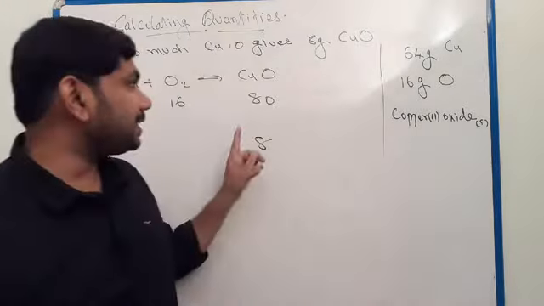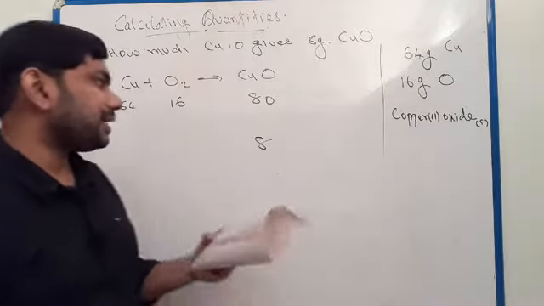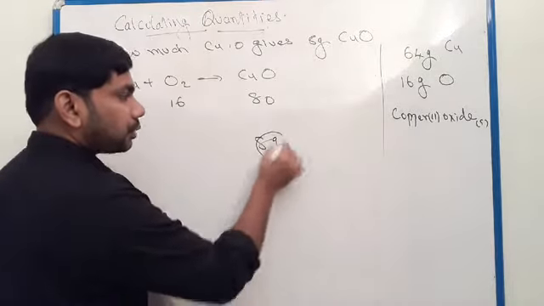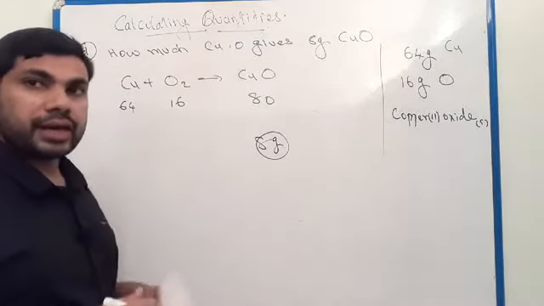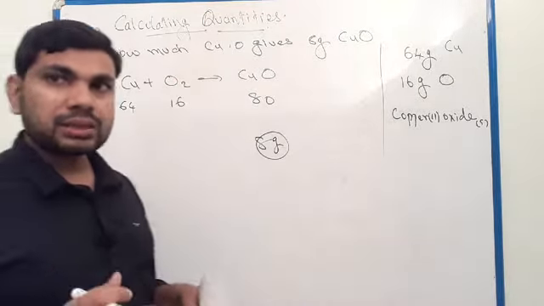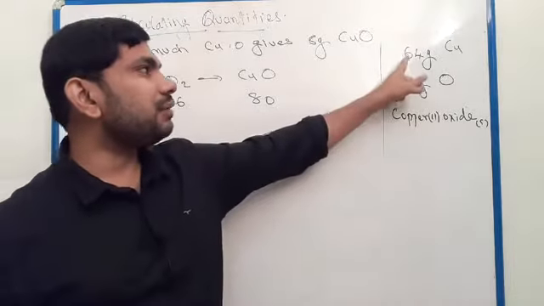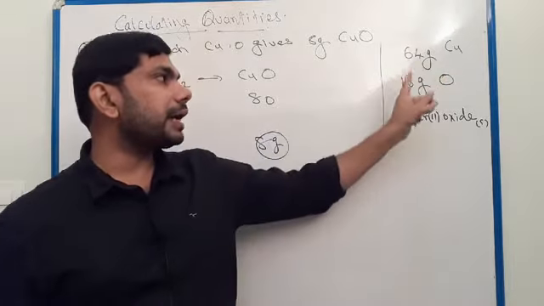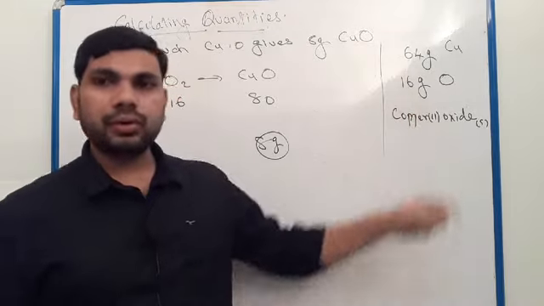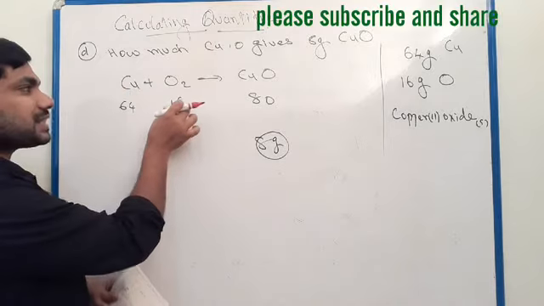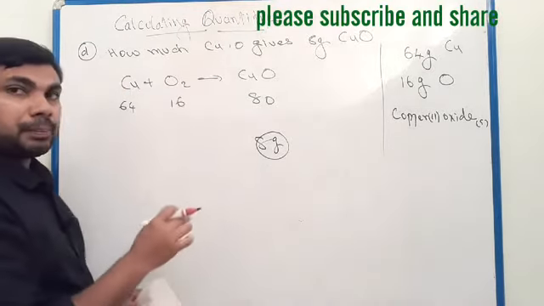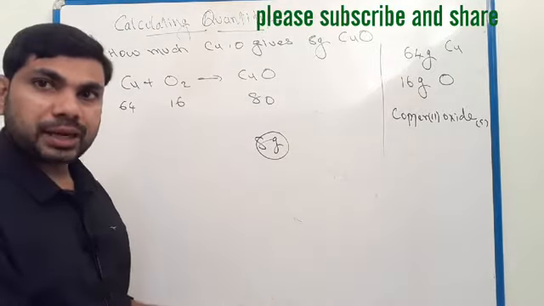Based on this last question, how much copper and oxygen react to get 8 gram copper oxide? To get 8 gram copper oxide, what mass of copper and oxygen should react? Based on the earlier question, we know 64 gram copper reacts with 16 gram of oxygen. Mass of reactant is always equal to mass of product.